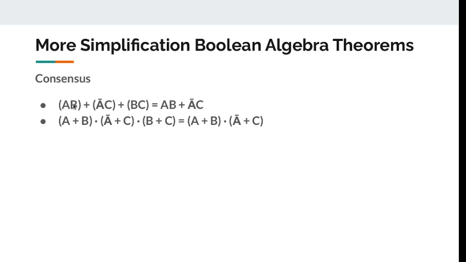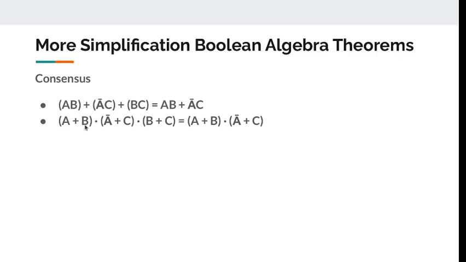So A and B, or complement of A and C, or B and C, is equal to A and B, or complement of A and C. So this one doesn't have to be taken into account, so you remove it.